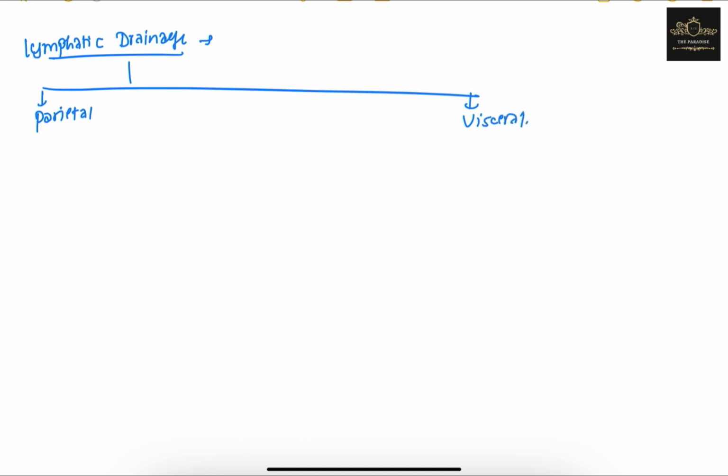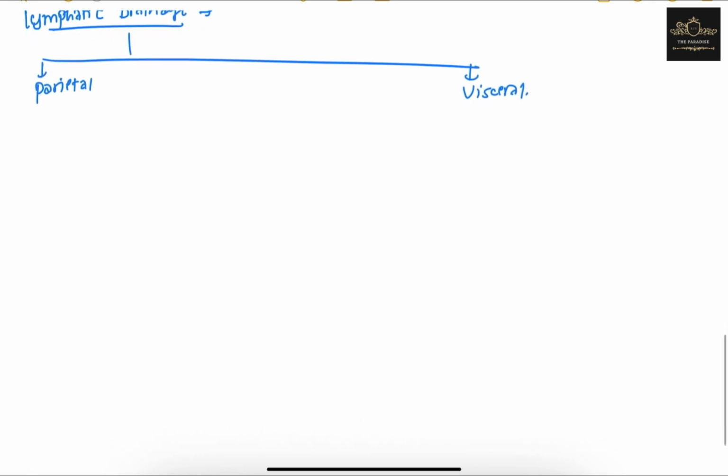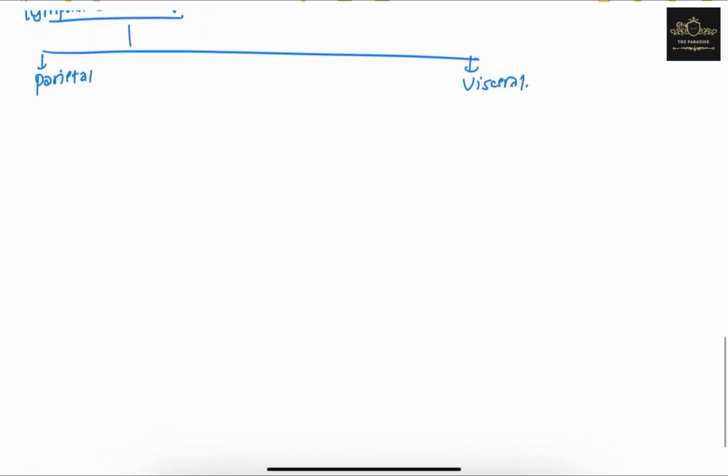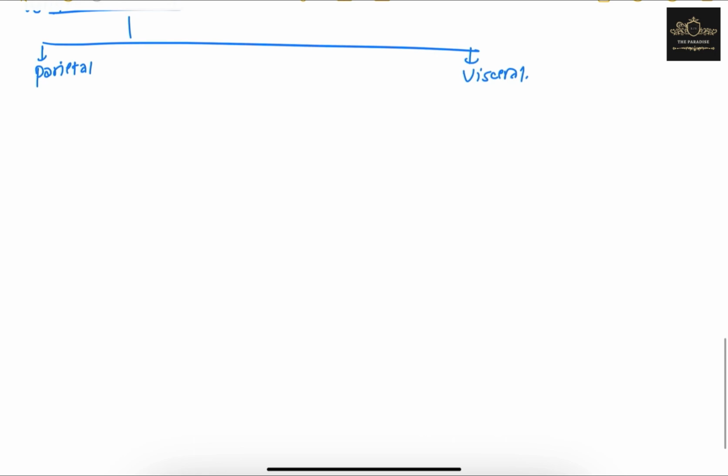Parietal part is mainly drained by mediastinal nodes, diaphragmatic nodes, and intercostal nodes.